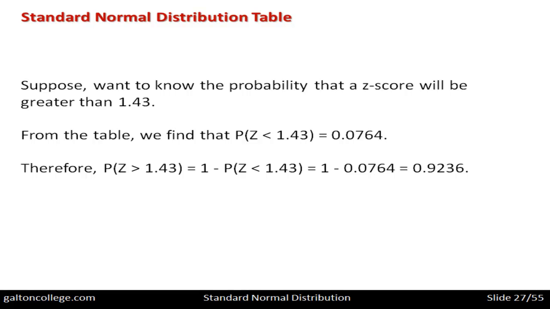So the probability of it being greater must be 0.9236. If the probability of being less than minus 1.43 is 0.0764, then the probability of it being greater than minus 1.43 must be 0.9236.